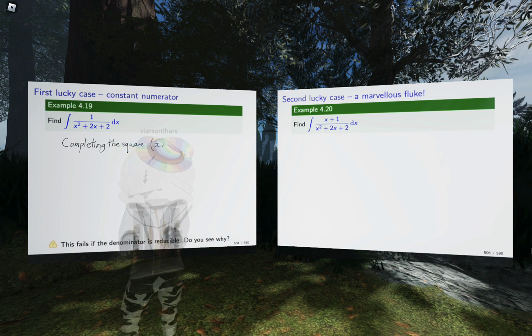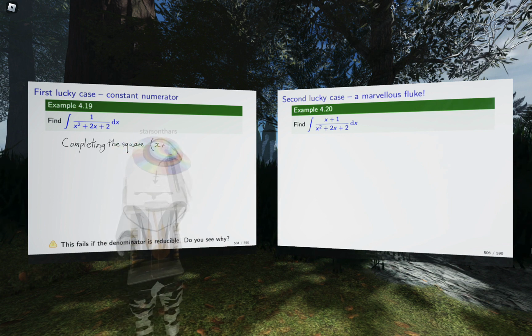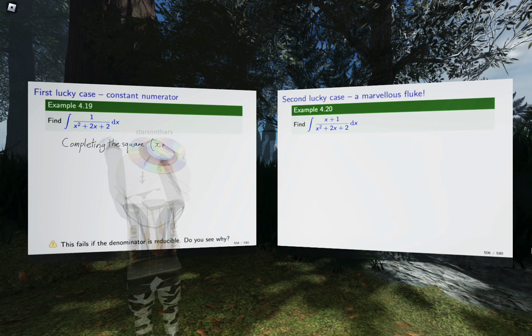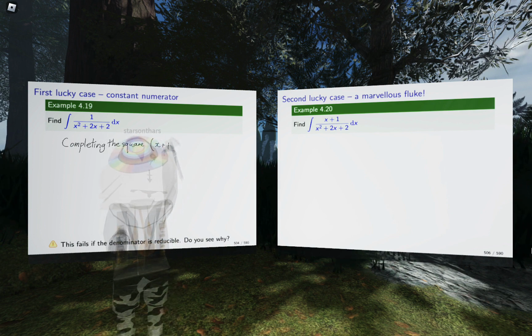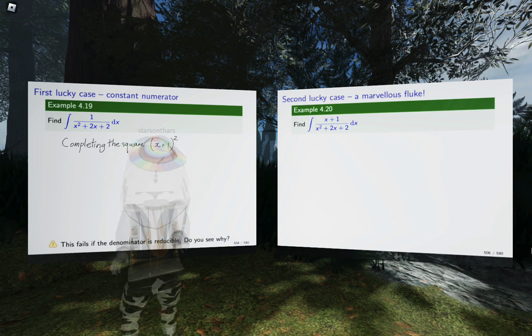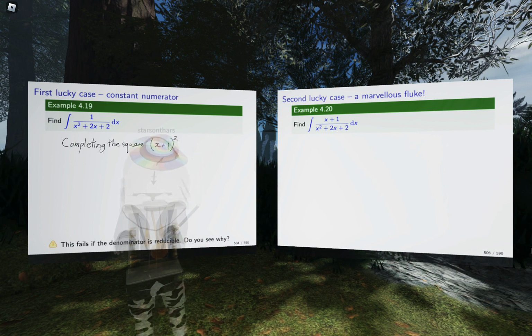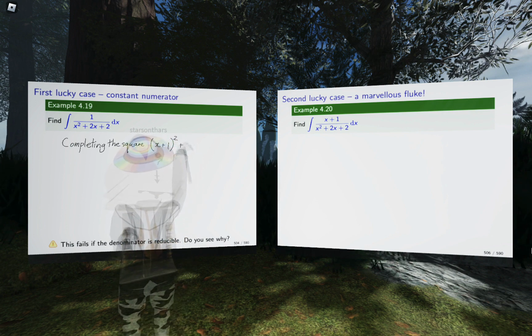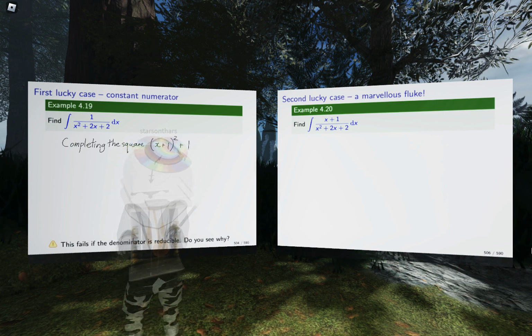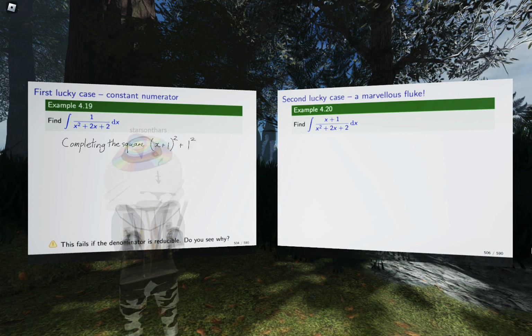I put here whatever 2 times that is going to end up as the coefficient of the linear part. So it's going to be a 1. Right? So when I expand that, I'll get x squared plus 2x plus 1. So I need to add a 1. Call it 1 squared because I want to think of things as u squared plus s squared.